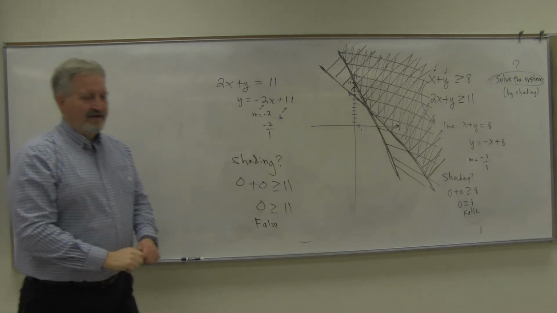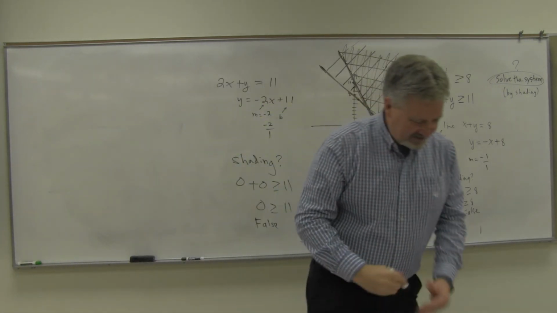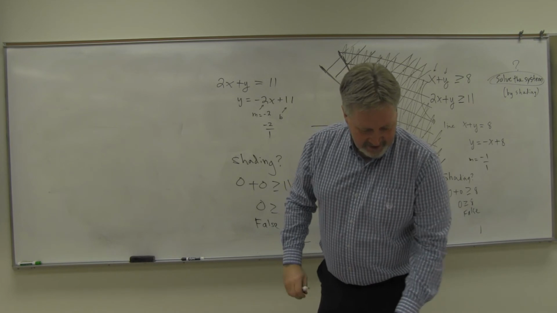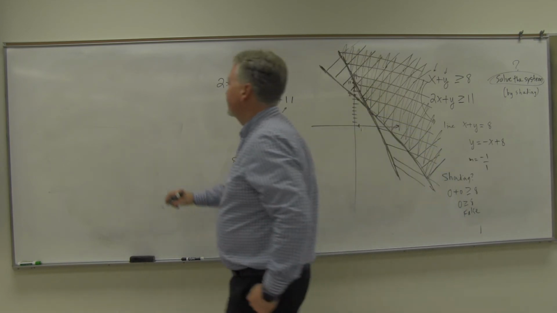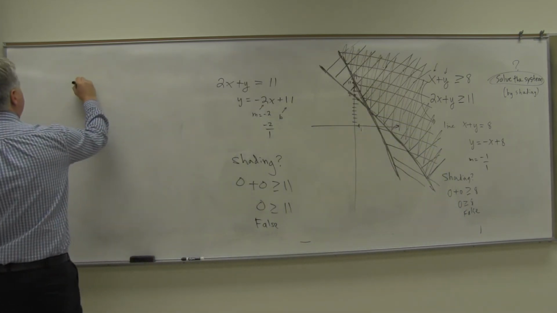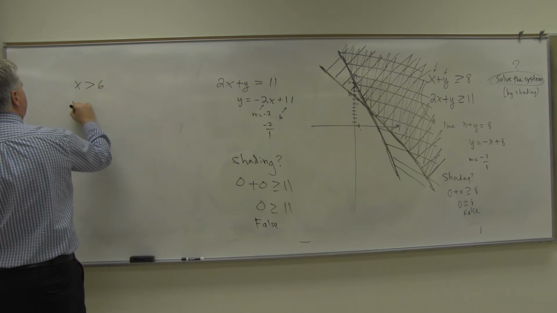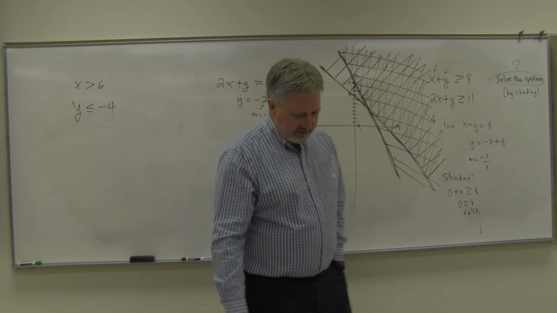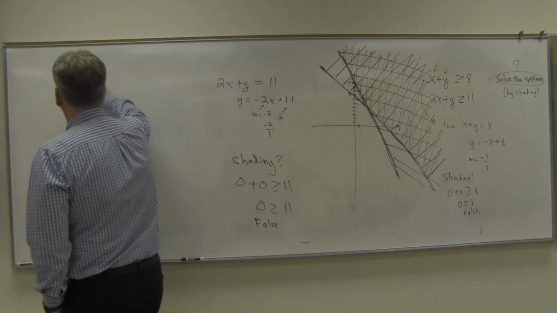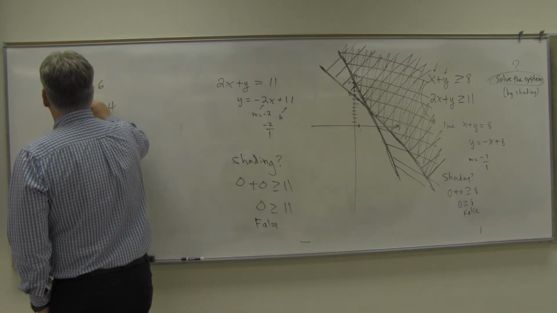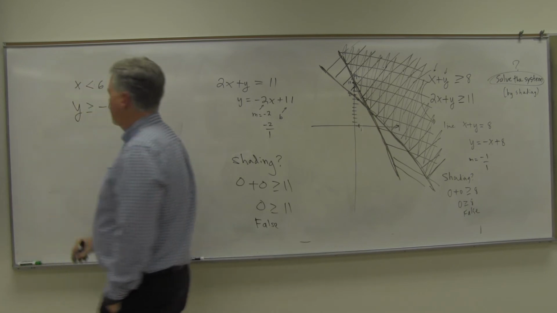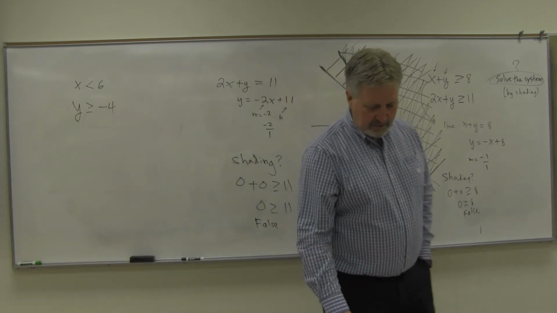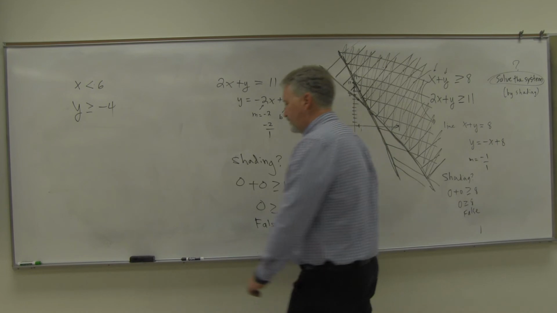All right. So last but not least, let's do x less than 6, y less than or equal to -4. Is that right? I did that right? No. I just did it backwards, didn't I? X is less than 6, y greater than or equal to -4.